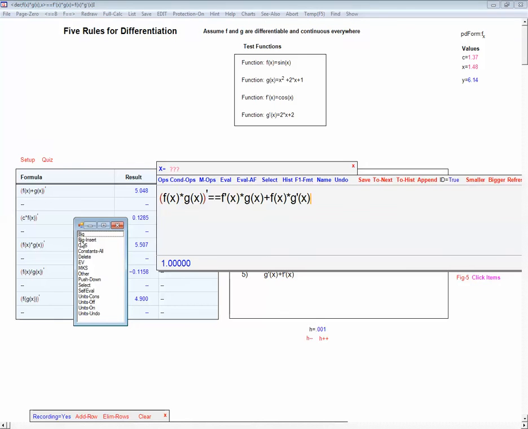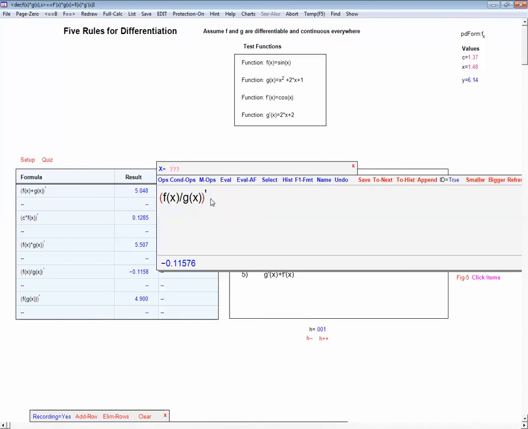Now let's look at this one here. This is our quotient rule. And the way I remember that is it's very similar to the product rule. So first of all, I just write down the two functions in the order that they're given, f of x times g of x, and do a plus f of x times g of x. Before I make the changes, let's do the same thing we did before.